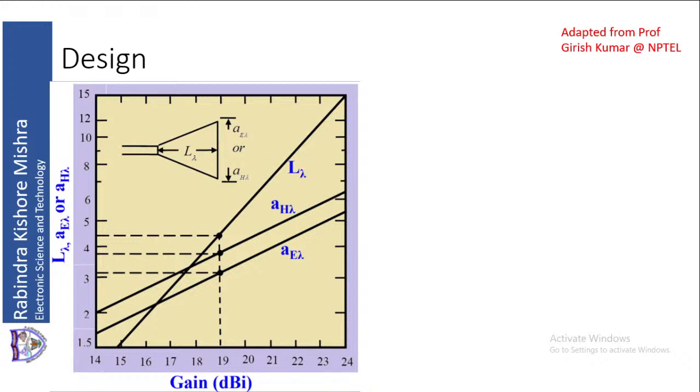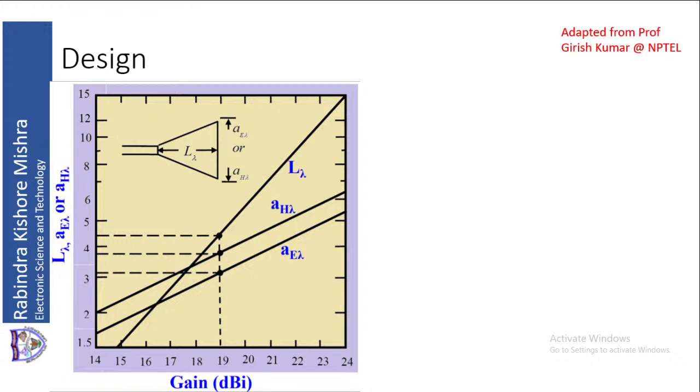To design the horn antenna, first the gain will be specified. Then the beam width in both principal planes is specified. From this knowledge, you have to find the aperture length and the length of the antenna, L. So L you should know, and the aperture lengths, capital A and capital B, or here shown as AE lambda.